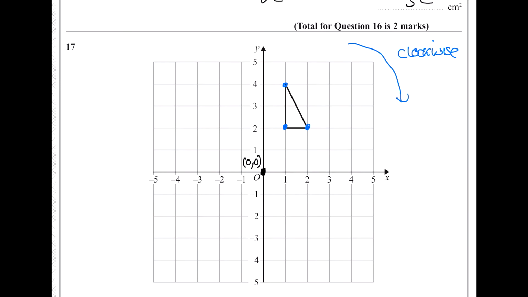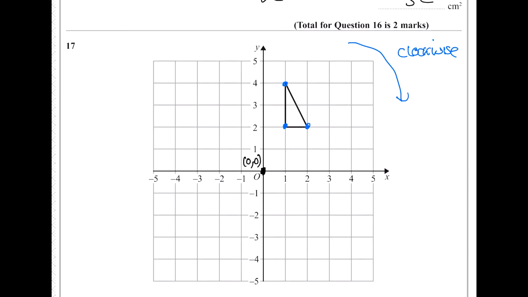And so if you do this and you rotate your shape clockwise by this amount using your tracing paper, you should end up with a shape which looks like this. So it should be here at this point, it should be this point, and then it should be this point, and then we'll connect it up.